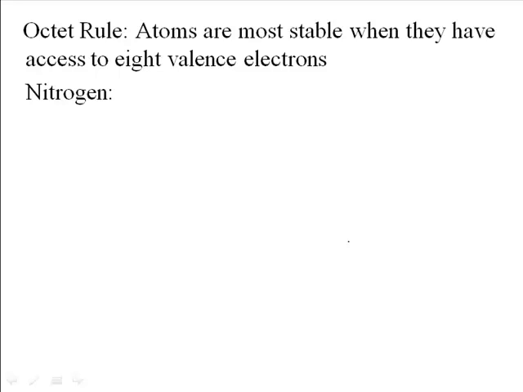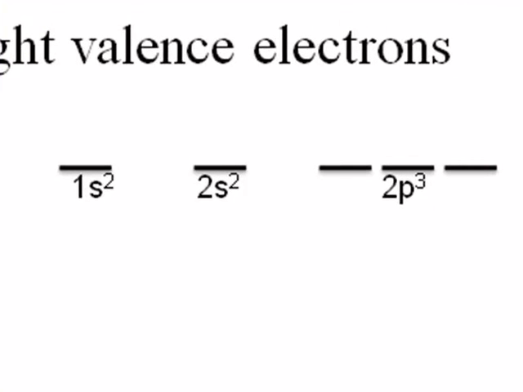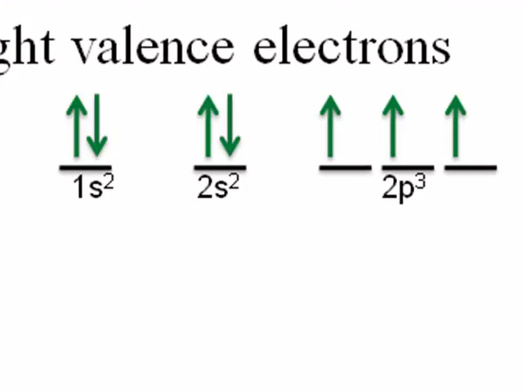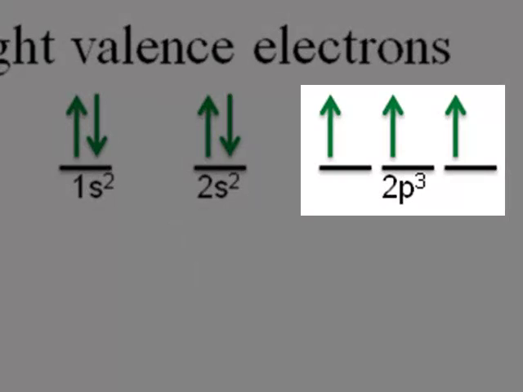Let's look at nitrogen. When you find nitrogen on your periodic table, its atomic number is 7. We can draw its electron line diagram and its electron configuration, and we'll see right away that its 2p subshell has 3 electrons in it. So each one of those 2p orbitals is still missing 1 electron.